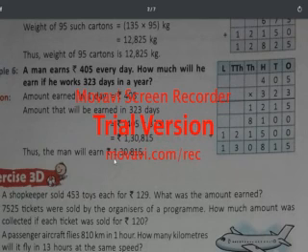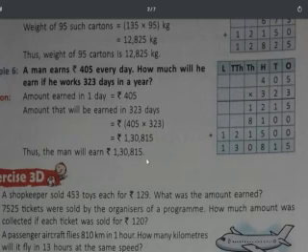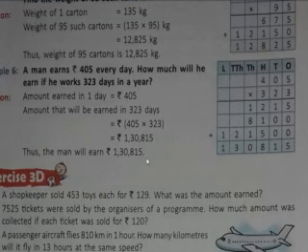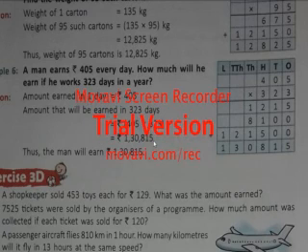Thus a man will earn rupees 1,30,850 in 323 days. It has not been written, but you can write that also.